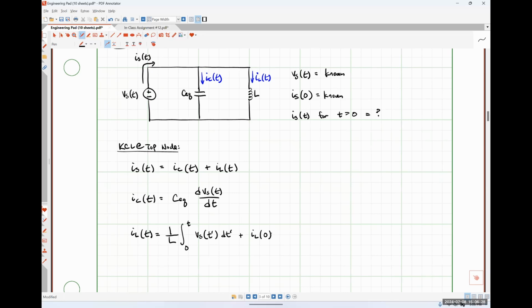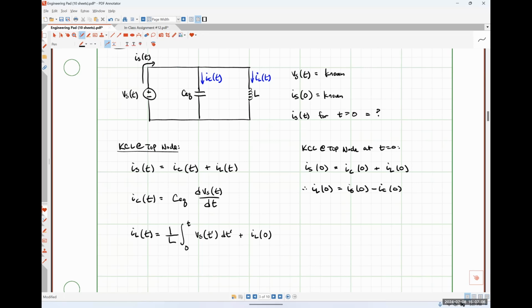So if we did KCL at our top node at t is equal to 0, what we'd find is that Is of 0 is equal to IC at 0 plus IL at 0. And we could rearrange this to say that IL at 0 is simply IS at 0, which is a known quantity, minus IC at 0.